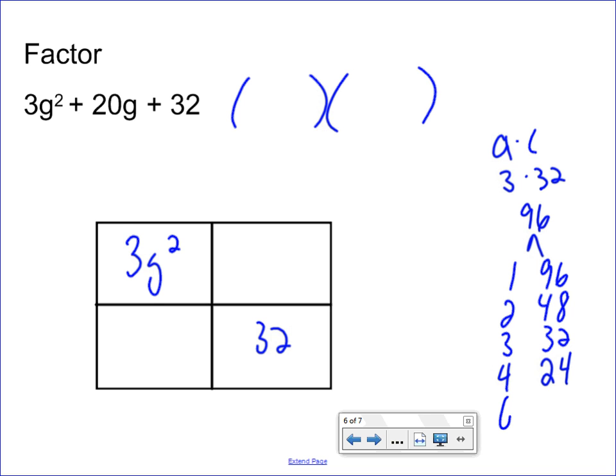Yes, 6 and 16. 96 divided by a 6, 7, 8. No. Yes, 8 and a 12. Okay, interesting. And if we look for ones that add up to 20, here's the two I need. So I know I've got an 8x and a 12x.